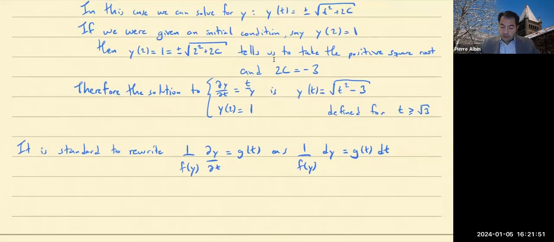So it's standard to just rewrite this as an equation of differential forms in this form. And then you would solve this by just integrating both sides. Now you're automatically integrating the left-hand side with respect to y and the right-hand side with respect to t. So that's what we will do moving forward.